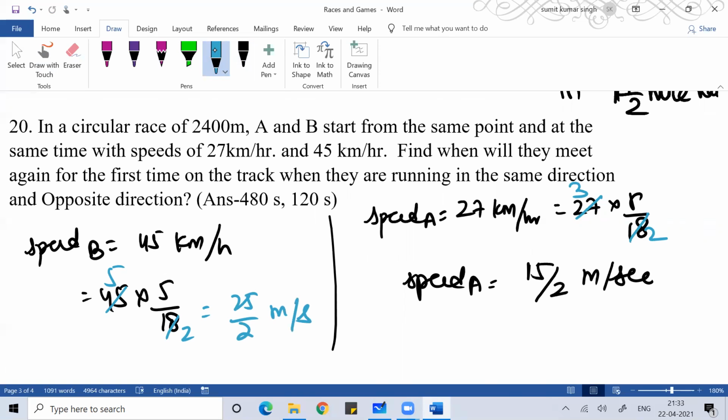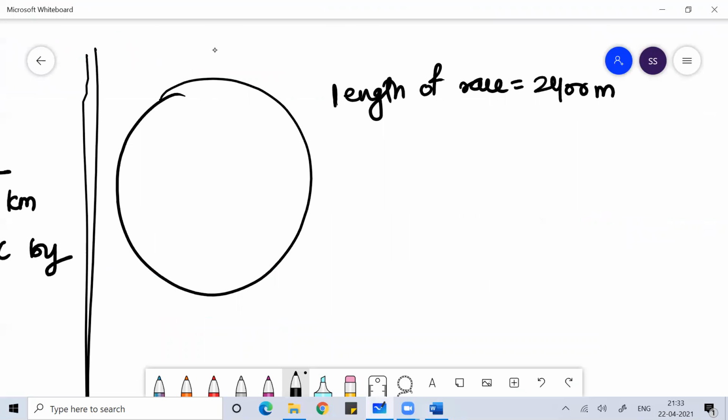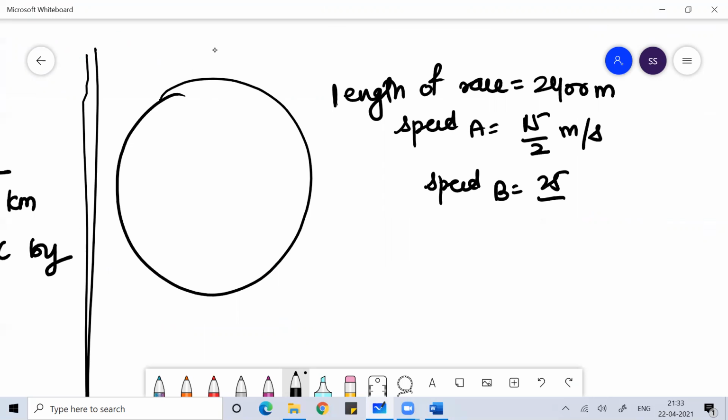So you found the speed of A. The length of the race is 2400 meter. The speed of A is 15 by 2 meter per second, and the speed of B is 25 by 2 meter per second.